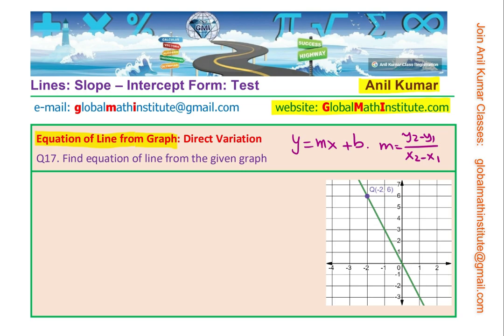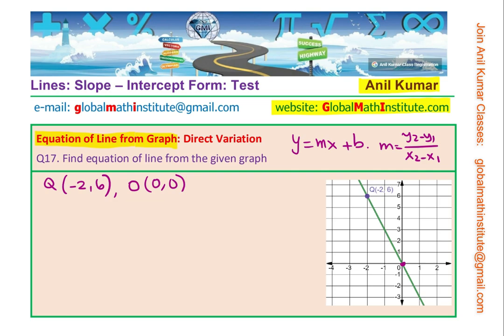So let's take up the first line. Here a point is given to us, and we have a point Q, which is given to us as (-2, 6). Now do you see another point which can be easily identified? It is the origin. So another point here is O, which is (0, 0).